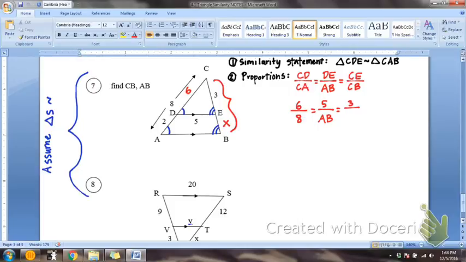X plus 3. Right, because you're adding the two sides. So we called EB X because we don't know it. So we're going to call that whole CB side X plus 3. And so in my proportions, X plus 3 is going to go there on the bottom.